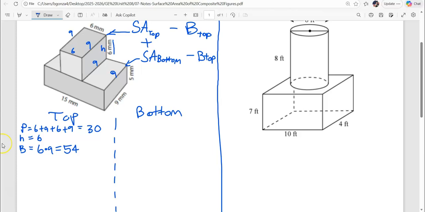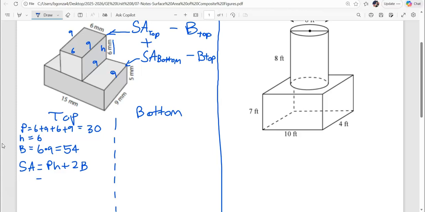Now, how do I find the surface area of this top? PH plus 2 big B. It's on my green sheet, prism, surface area. All right, plug in these numbers.